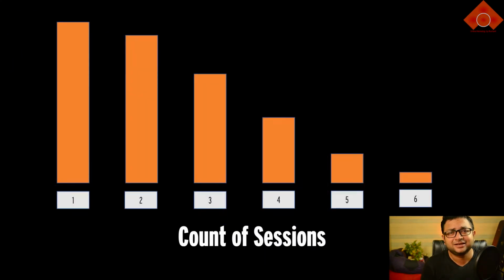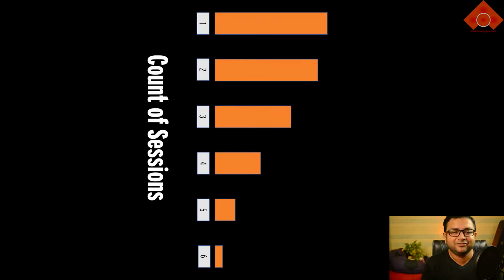Like the trees histogram that we plotted, if we were to plot a histogram related to count of sessions inside Google Analytics, you will find it something like this. And if we rotate it, you will think, okay, this is what I probably saw in the frequency report. To an extent, you are right, but we still need to understand the meaning of this count of sessions. So let's take an example to understand that.